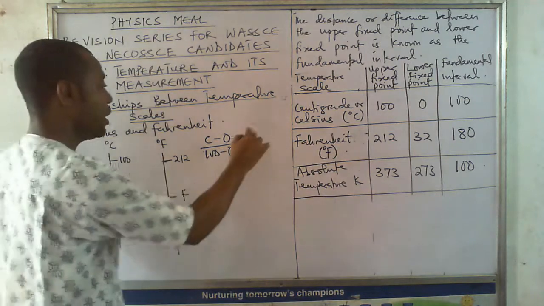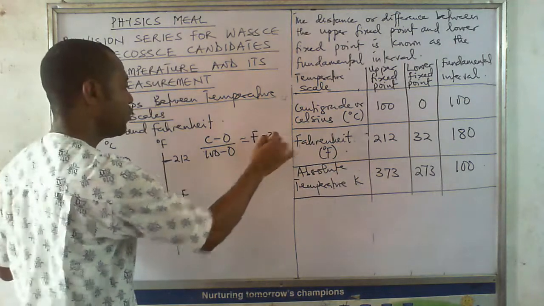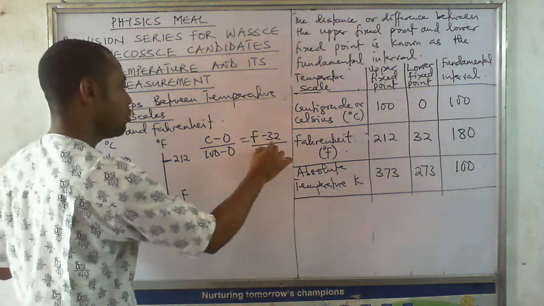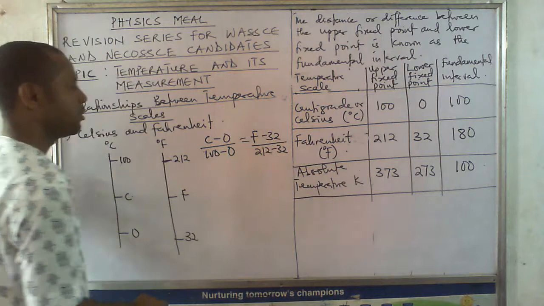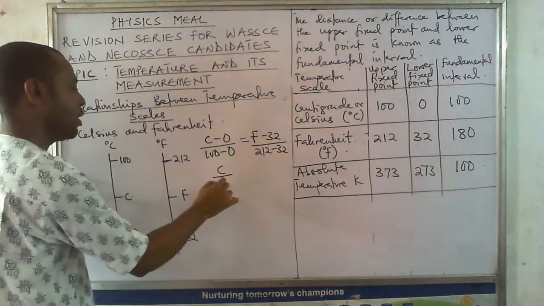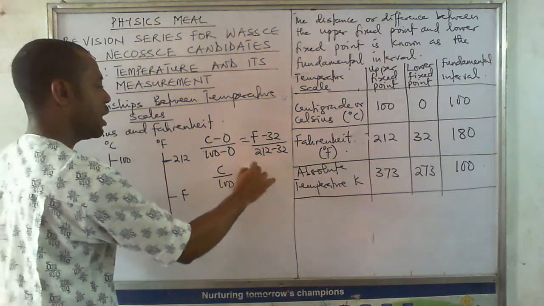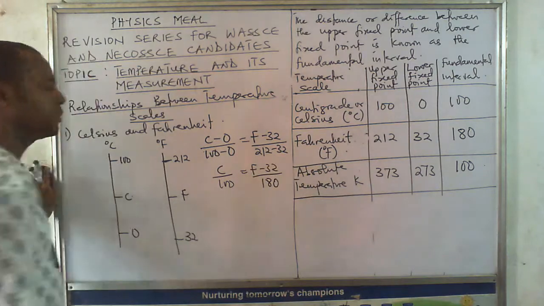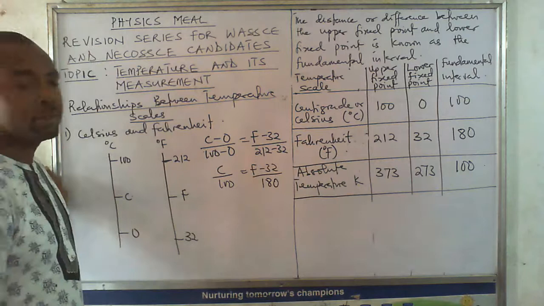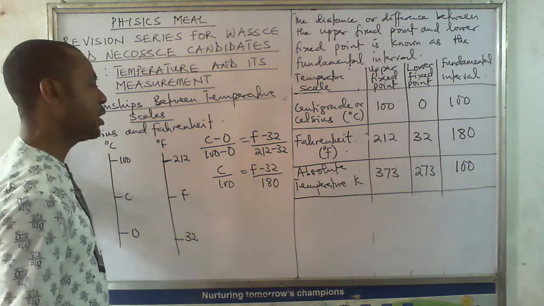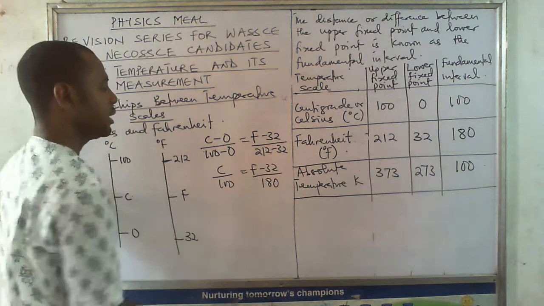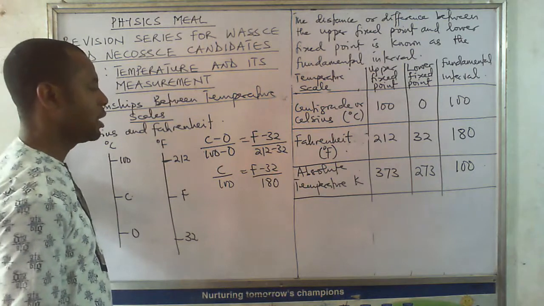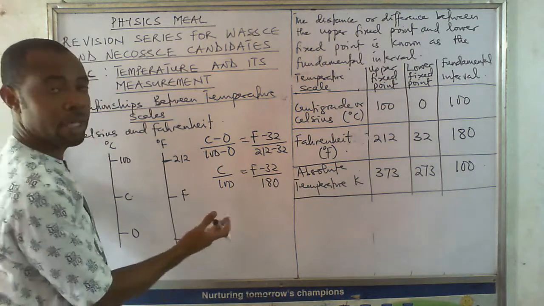Now this will give me F minus the lower fixed point, which is 32, all upon 212 minus 32. That will give us C over 100 equals F minus 32 over 180. So this is the relationship that exists between C and the F.